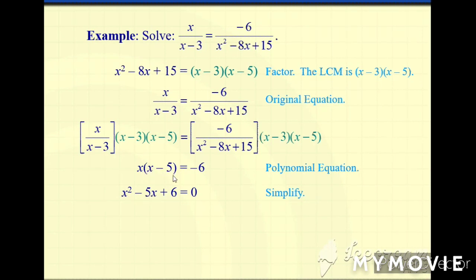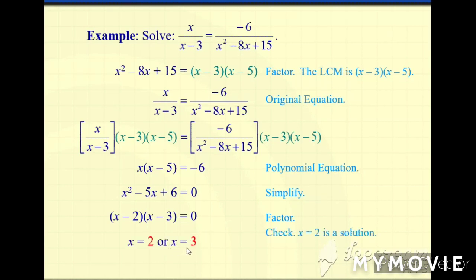So we have x times x minus 5, that is x squared minus 5x. Transpose negative 6, that is positive 6 equals 0. Therefore, our factors are x minus 2 times x minus 3 equals 0. So the values for x are positive 2 and positive 3. But our solution is only x equals 2. Why?